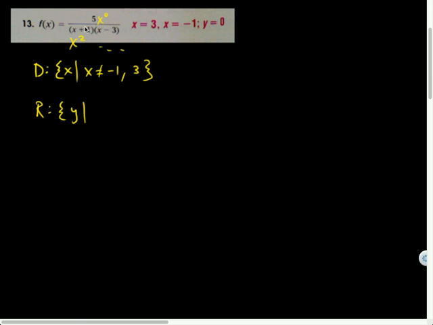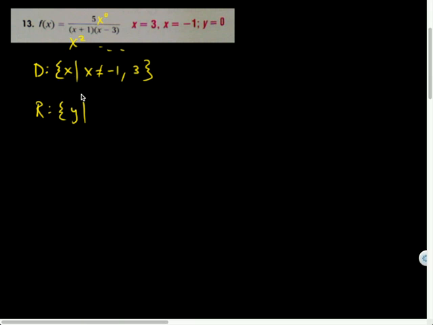Since the degree is higher in the denominator, that means that for extreme values of x, y is going to be approaching 0, because this denominator is going to get bigger and bigger and bigger. The numerator stays relatively the same, in this case exactly the same. So dividing a small number by a number that's approaching infinity, that overall result is going to approach 0.